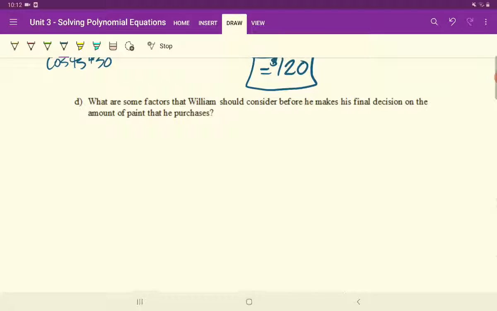All right, what are some factors that William should consider before he makes his final decision on the amount of paint that he purchases?